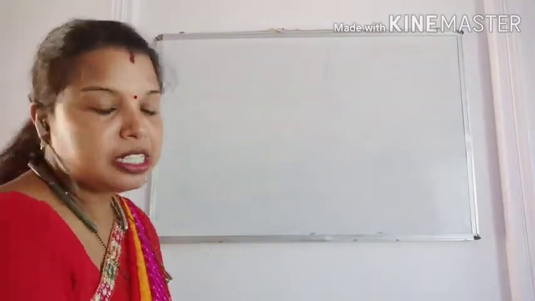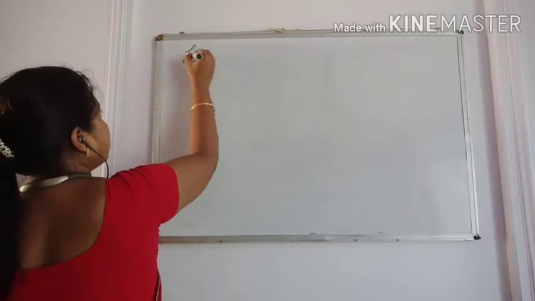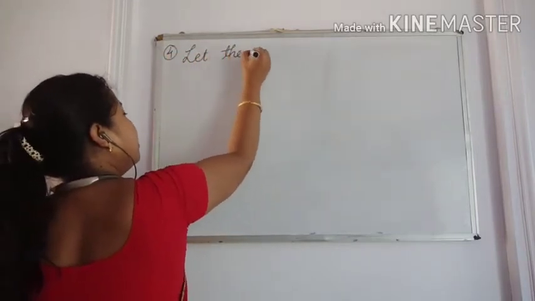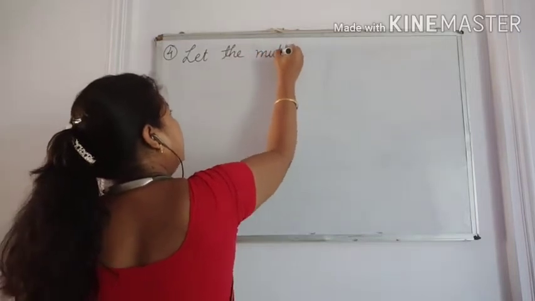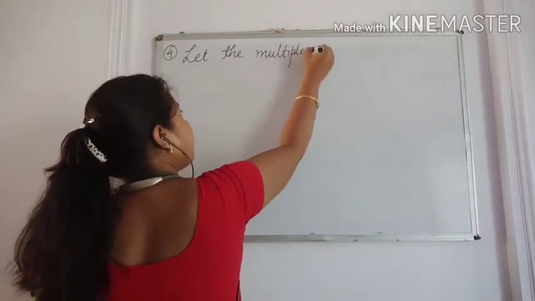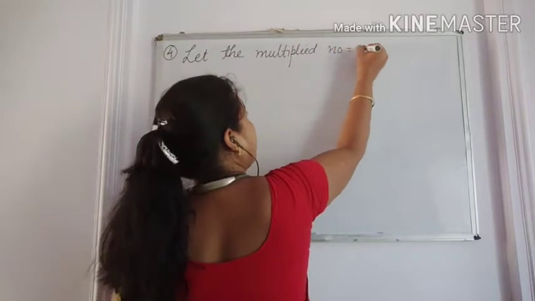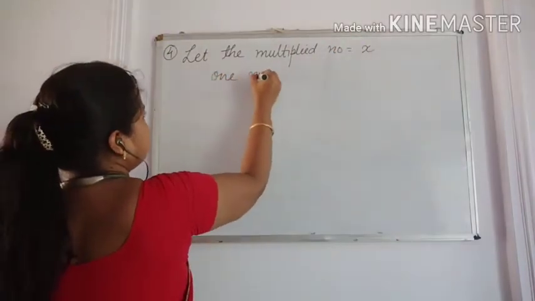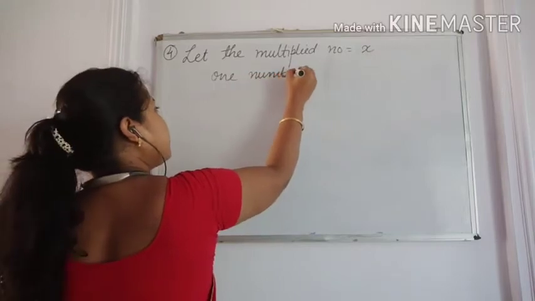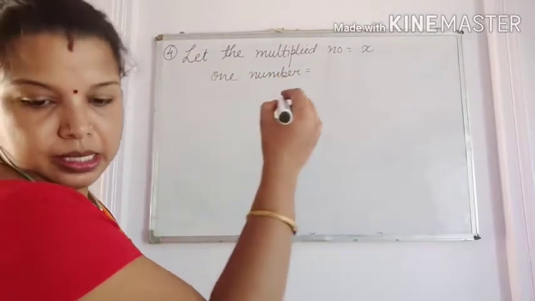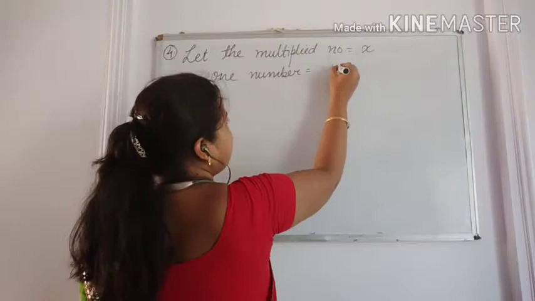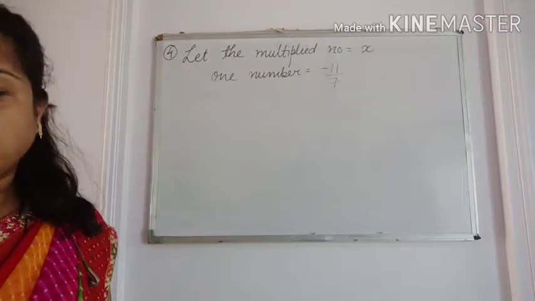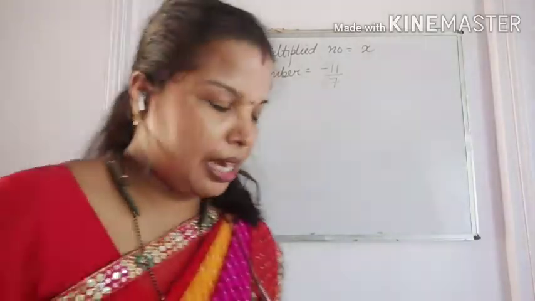So write here first, question number 4: let the multiplied number be x. One number should be given, that is minus 11 upon 7.